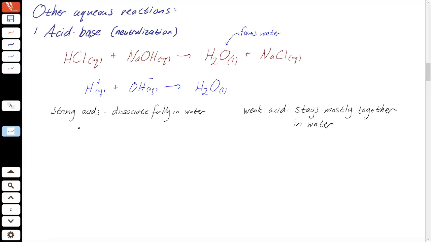So strong acids are, there's only 6 of them. HCl, HBr, and HI. So hydrochloric, hydrobromic, hydroiodic. And then nitric acid, sulfuric acid, and perchloric acid. Those are the only strong acids.